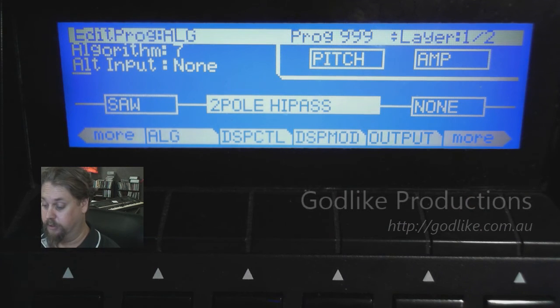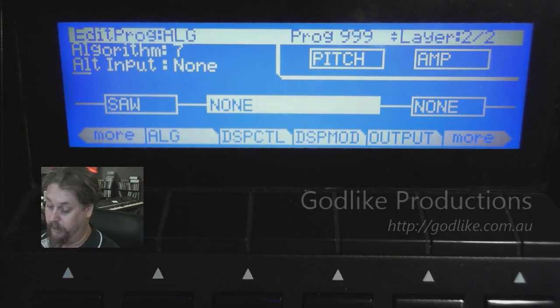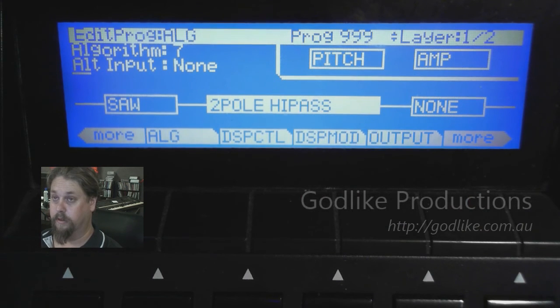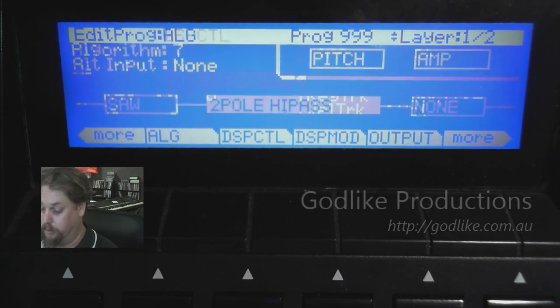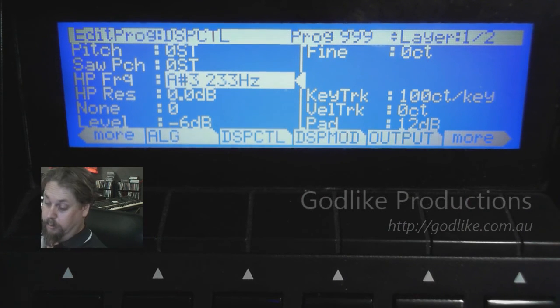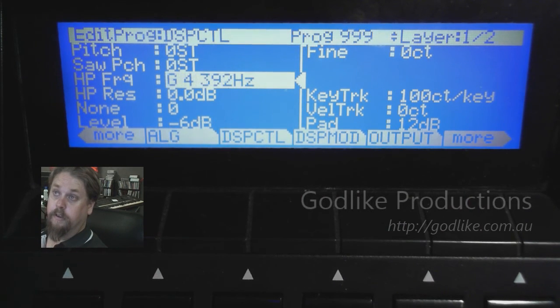If we listen to the unfiltered layer, you can hear this, the same key. And you can hear that nasty frequency is quite heavily reduced. You can play around with these a little bit more. You can push it up higher and it gets rid of more of it.